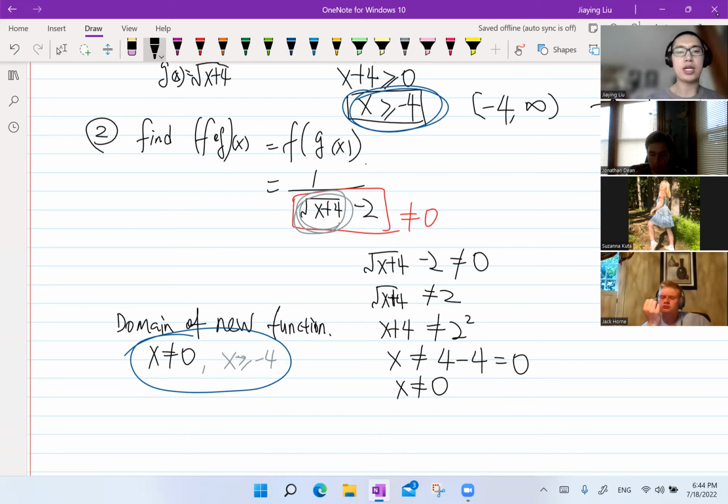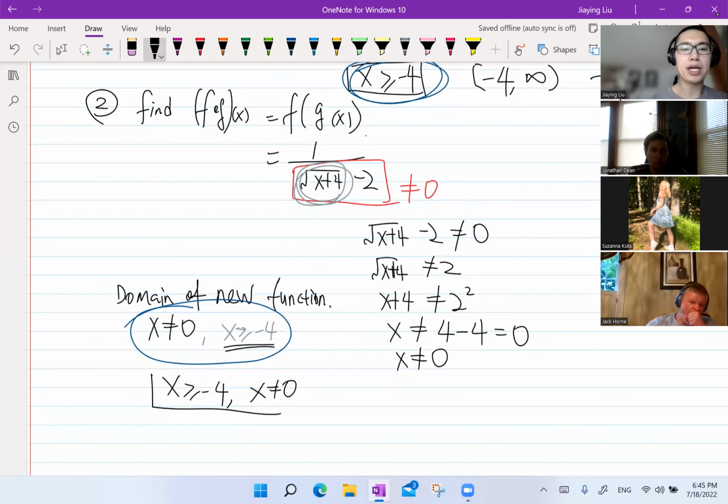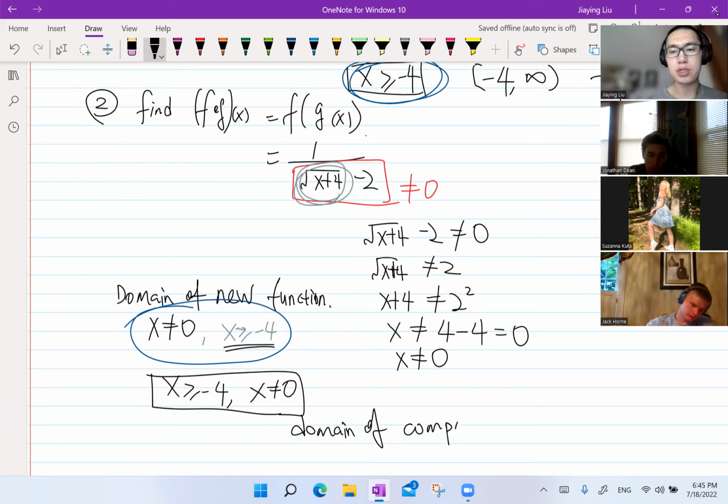And the new function has a domain saying x has to be greater or equal to negative 4. So that doesn't really help. No new information there. So we still have x greater or equal to negative 4. But then we have to add a new condition, x cannot equal 0. So this will be my domain of the composition function.